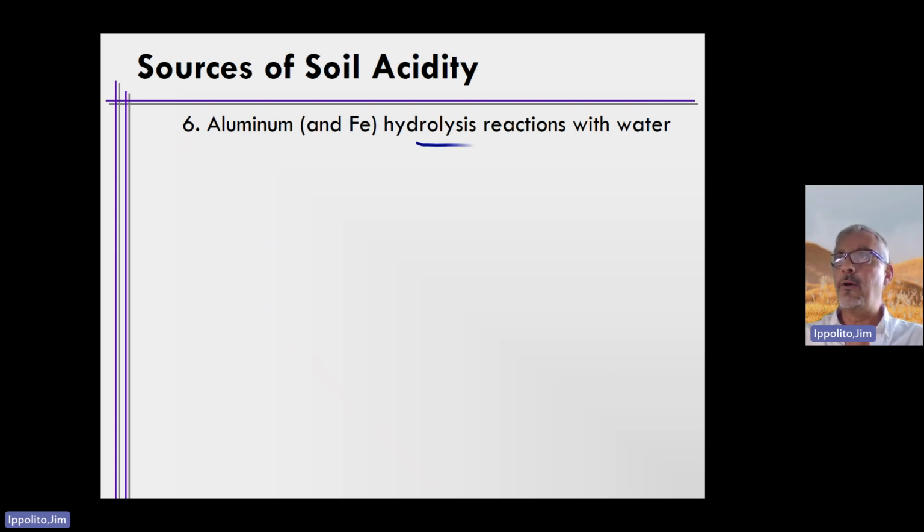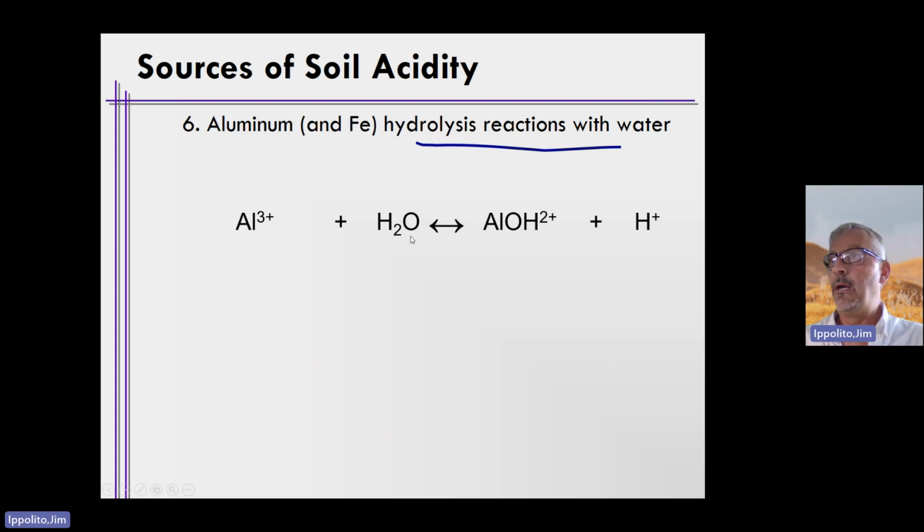All right. So hydrolysis simply means the splitting of water. So this can occur. If you have free aluminum in the soil, it can react with water to form aluminum hydroxide plus a free hydrogen ion.